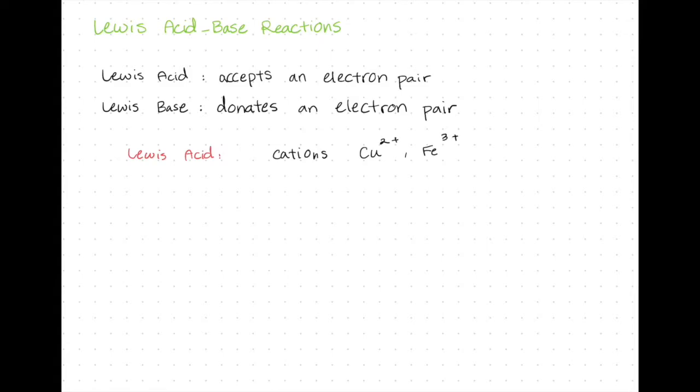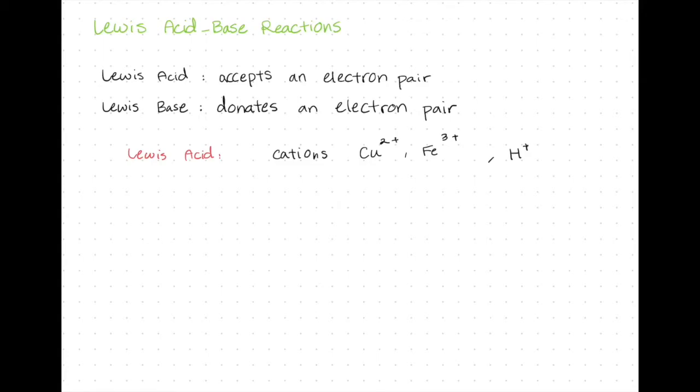These compounds lack electrons, so they'd be real happy to accept an electron pair from the Lewis base. And another one would be H+. That was a cation as well, and it will be happy to accept an electron pair from the base.